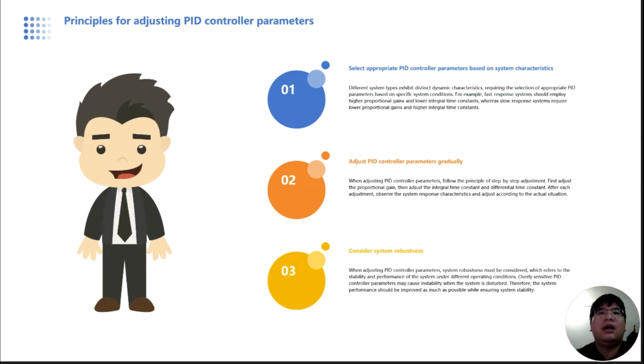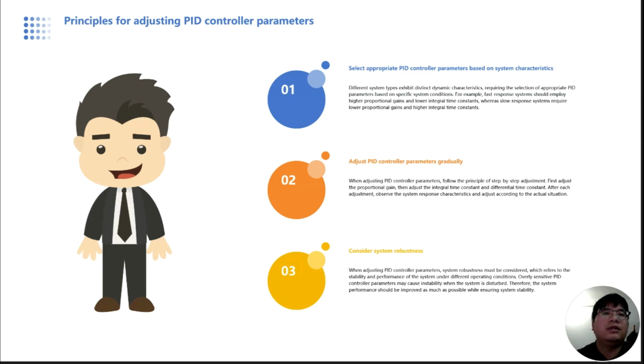So how should it be specifically adjusted? There are three ways principally. Firstly, select parameters based on system characteristics, just like a doctor needs to prescribe the right medicine.